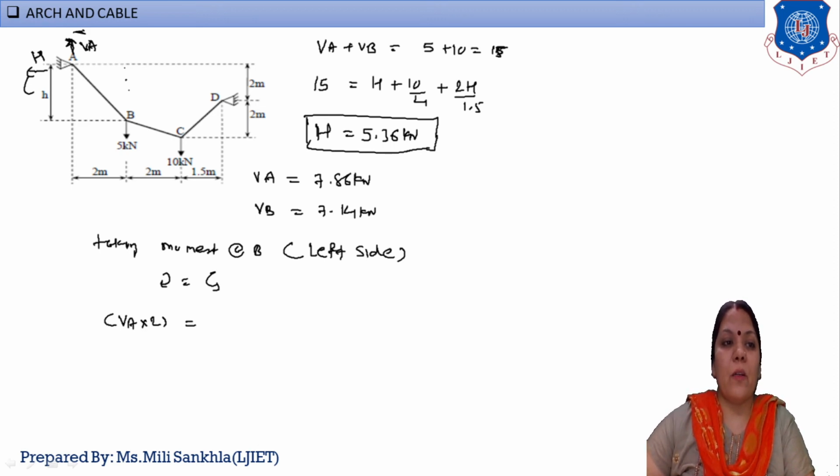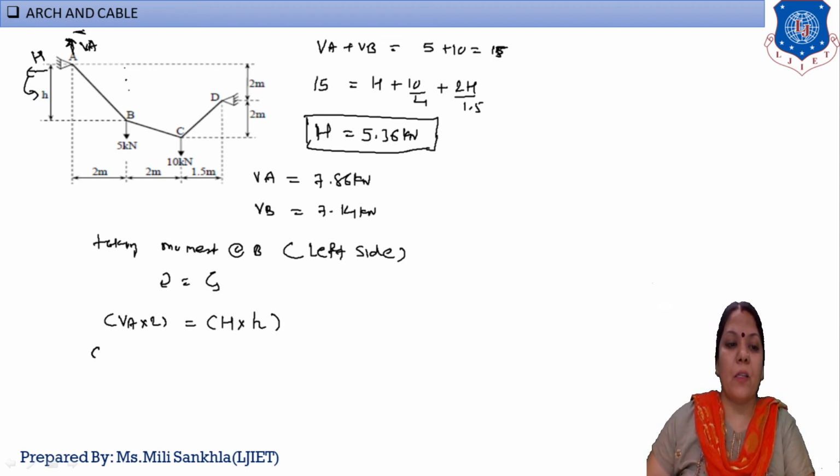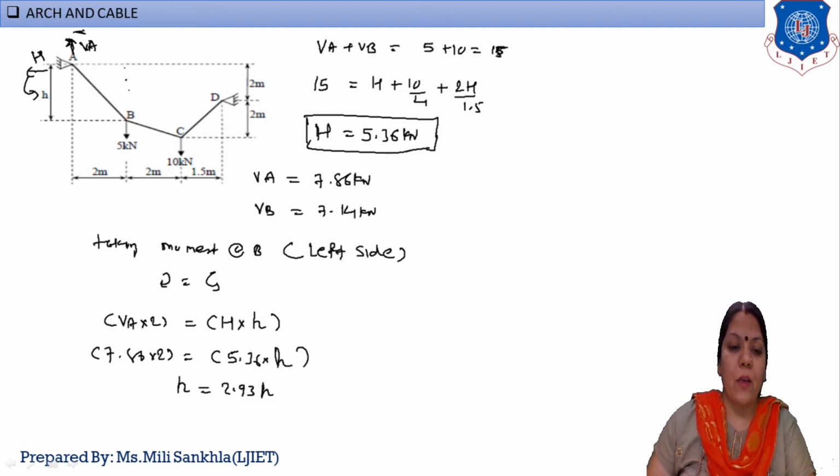This H is our anti-clockwise moment, so H into small h. Now VA is 7.86 into 2, and H we found 5.36 into h, and my answer is h equal to 2.93 meter.